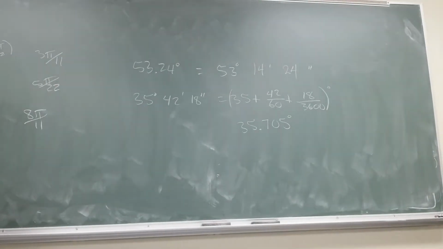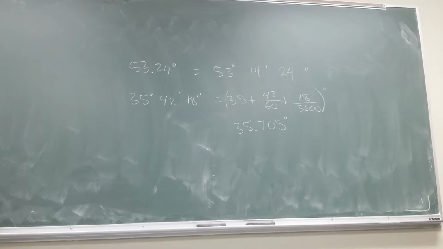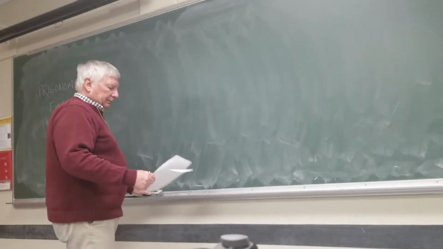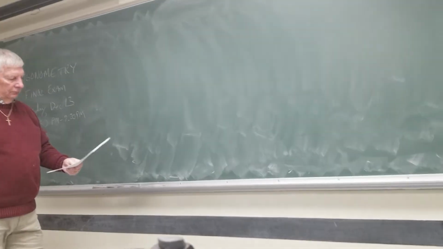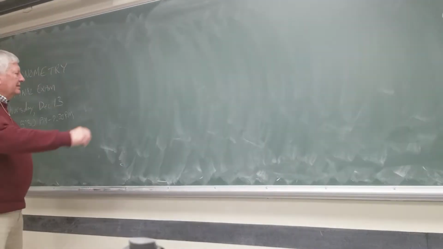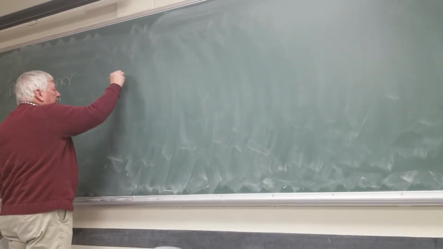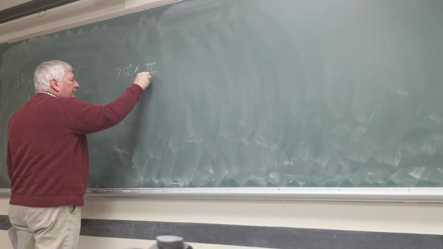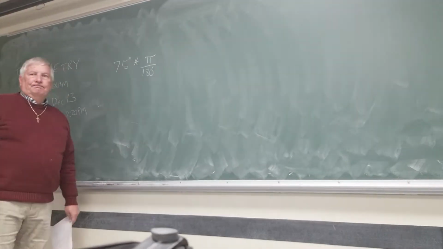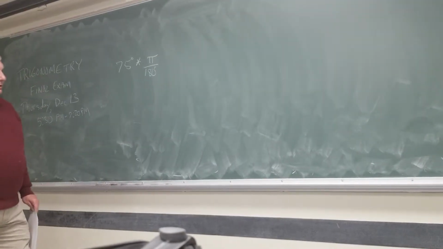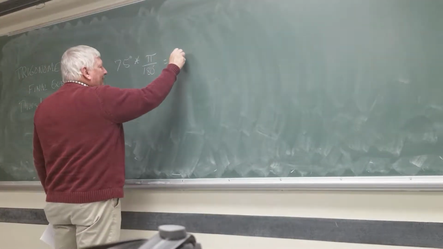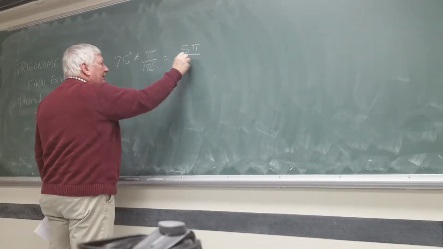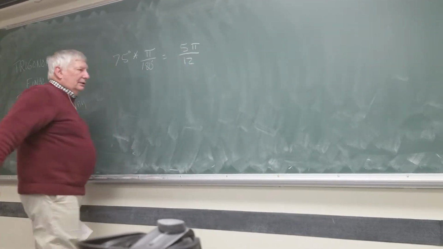And the last two on this problem say convert 75 degrees to radians. 75 degrees times pi over 180 degrees. Let's see, 15 goes into each of those. 15 goes 5 times into 75, and 12 times into 180.